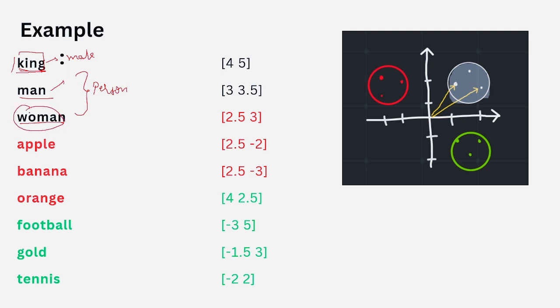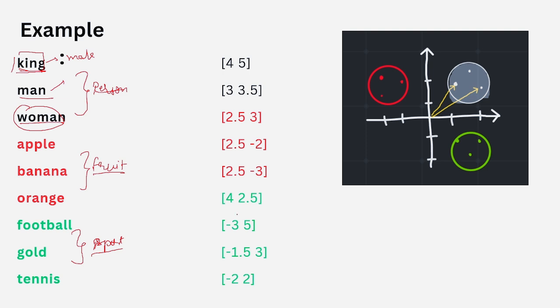Apple, banana, orange are fruits, and football, gold, tennis are sports. So we have three different classes: person, fruit, and sports, right? These are represented by vectors.